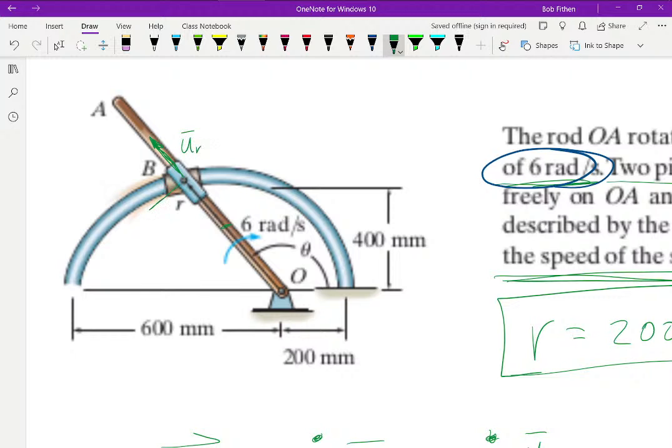This one, which is perpendicular to it, length 1, is the u theta vector. Now, I can get components of these and list them, but what I should end up with is a vector which is tangent to this blue path.